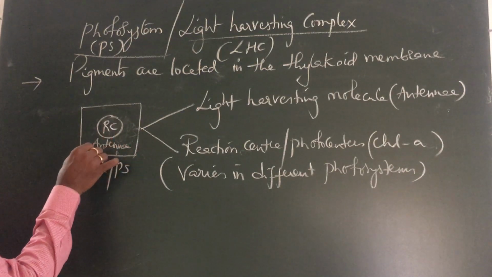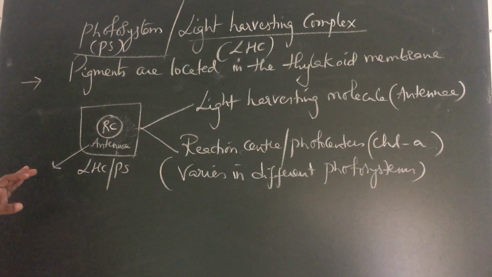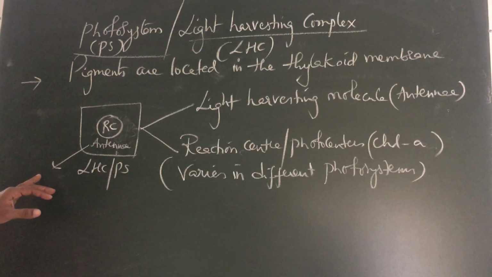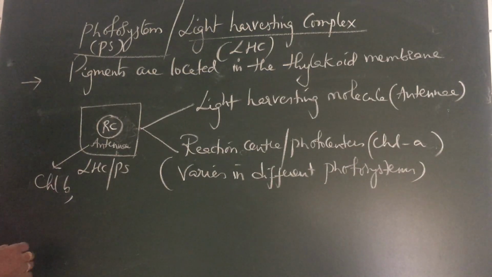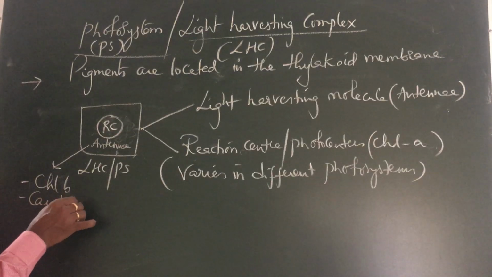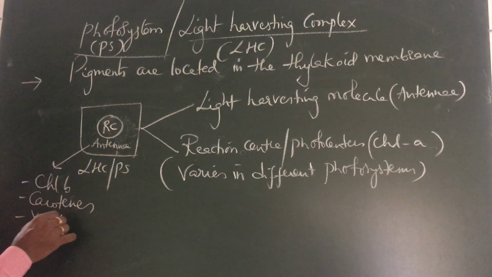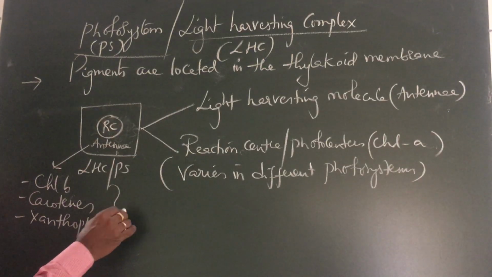So what is this antenna? These are the other pigments: chlorophyll B, followed by the carotene and xanthophyll. All these are antenna.